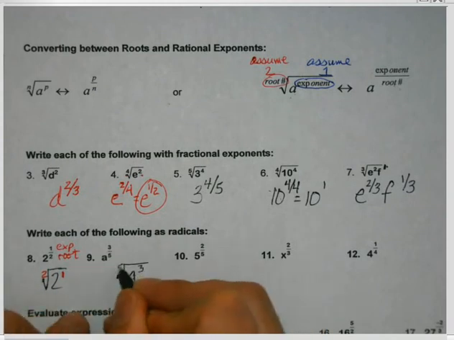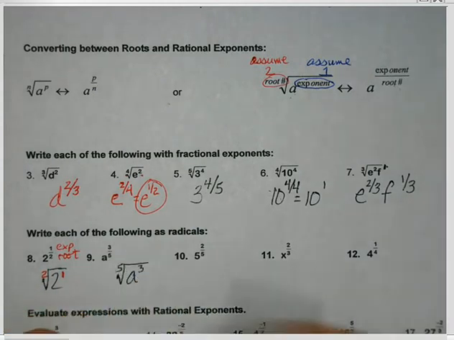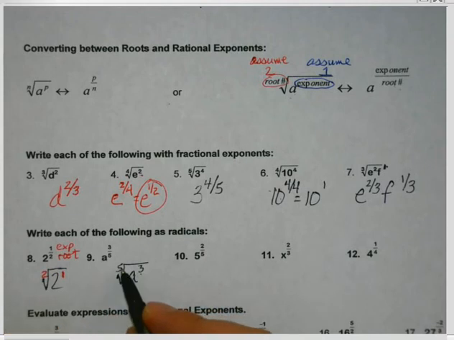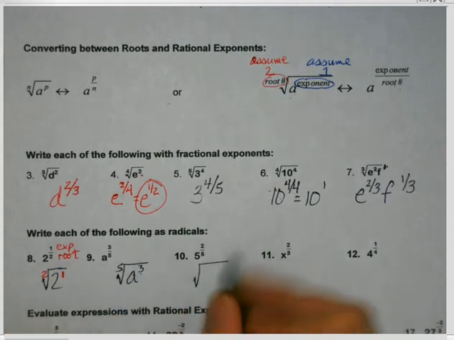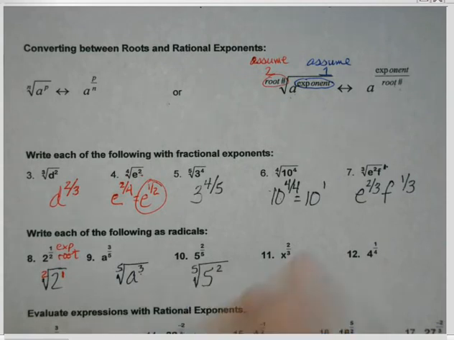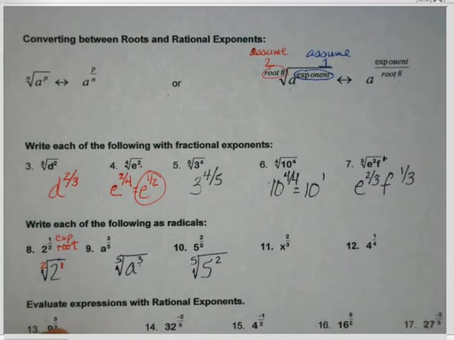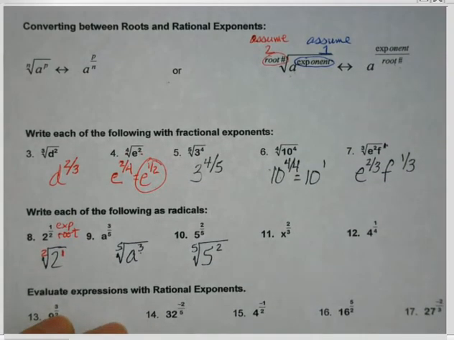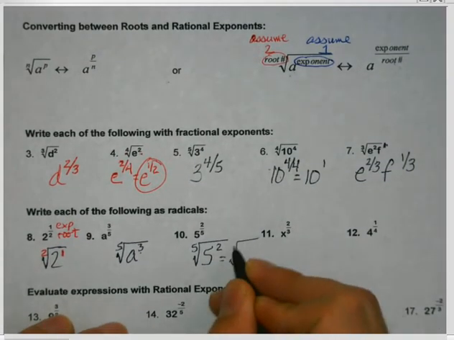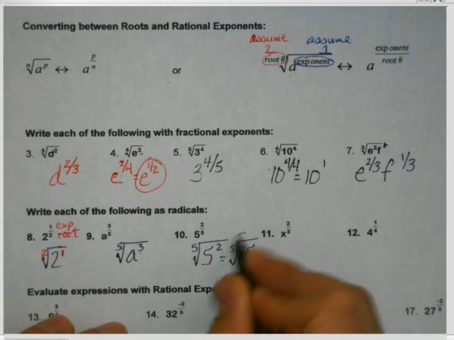Exponent over root. So the 3 is inside with a, the 5 is my subscript in my radical. Exponent root. Now some of you may say, now if it's a number and I can simplify it, should I? You can. I could call this the 5th root of 25.